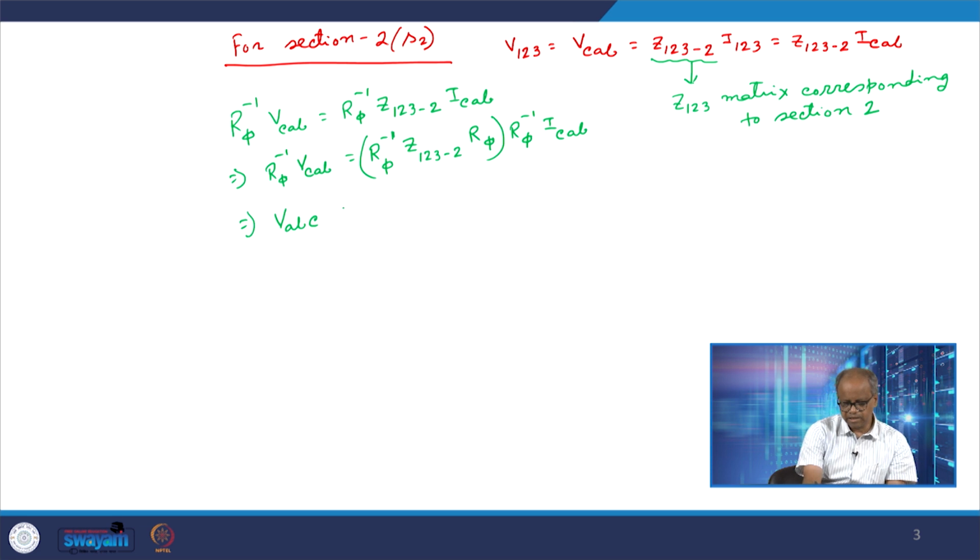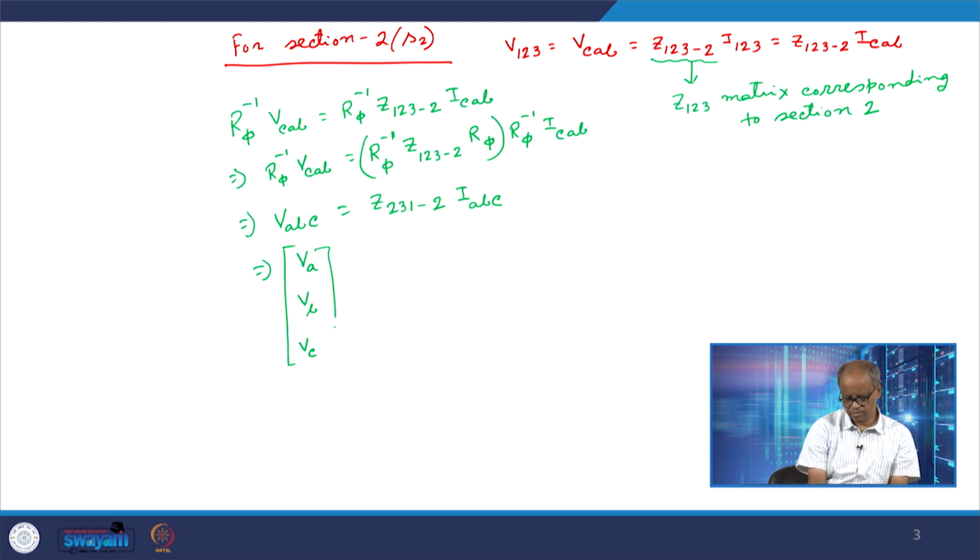So it would be VABC, and then of course also IABC, and then it would be Z2312, because here also the first row would be shifted to the third position, and the others would be rotated in a cyclical manner. So here I can write VA, VB, VC.